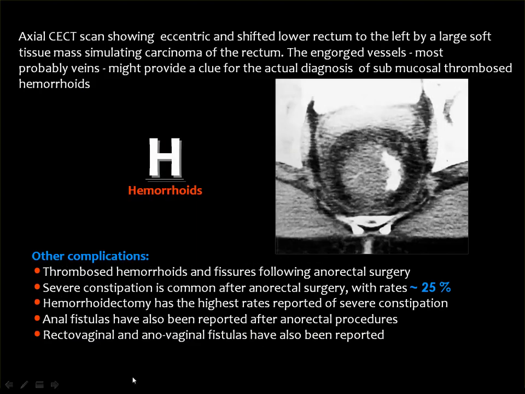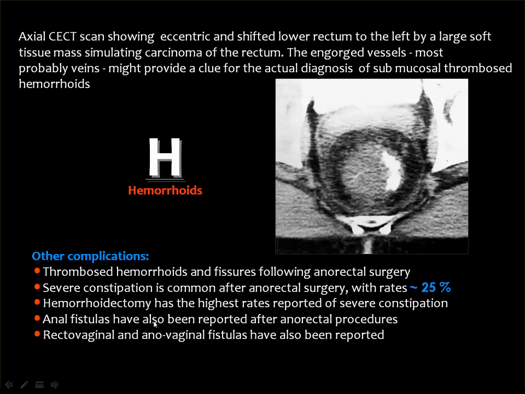And there are some other complications, like thrombosed hemorrhoids, which will result in significant pain, like this appearance. Severe constipation is common after anorectal surgery, mainly because the patient is afraid of pain. Then hemorrhoidectomy has the highest rate of severe constipation.